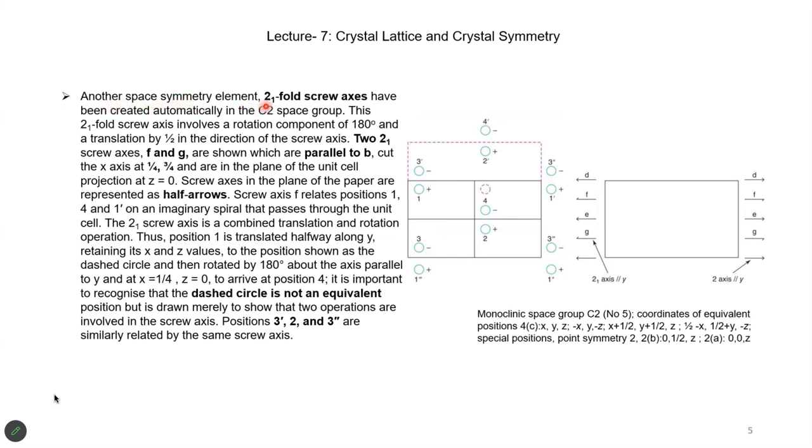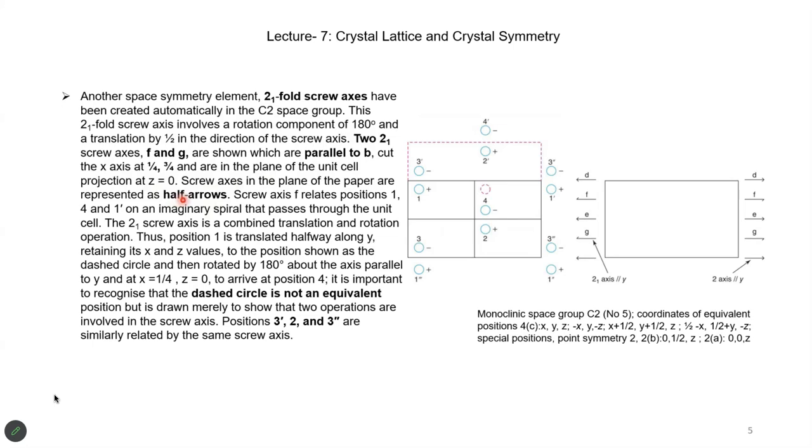Another space symmetry element, the two-fold screw axis, has been created automatically in the space group C2. This two-fold screw axis involves a rotation of 180 degrees and a translation of half the unit cell in the direction of the screw axis. We said there is another two-fold screw axis automatically created that is parallel to b, at x one-quarter and three-quarters, and they are in the plane of the unit cell, and the projection at z is equal to 0.